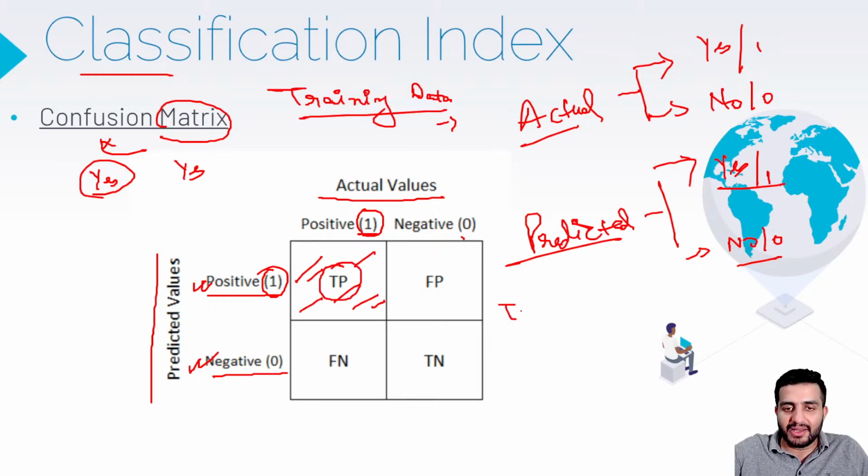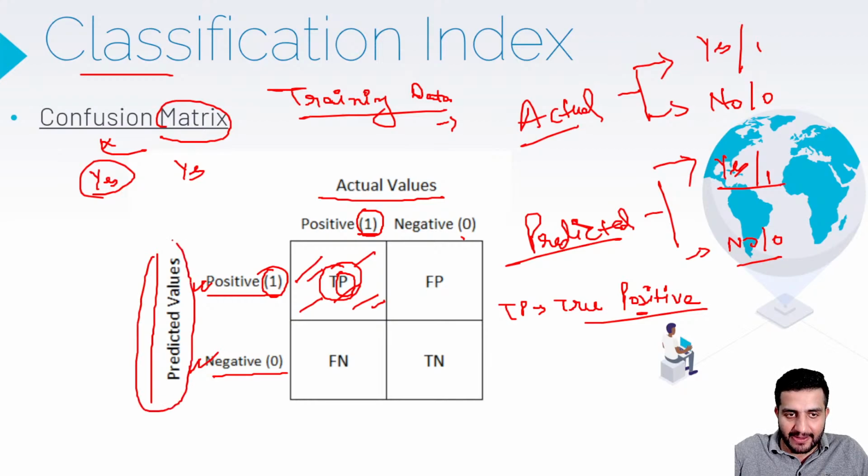This TP is nothing but true positive. How do we infer this? This is my positive. The P is always referred from the predicted side, so it is predicted positive, and the T from the actual side. So in TP, the second term is from the predicted side.